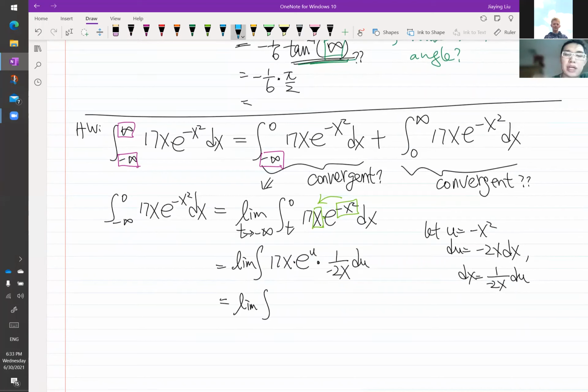The x in the denominator and the x on the side, they cancel, right? And the negative 1/2, I'm going to bring it all the way outside. So I get negative 1/2. And the 17, obviously, I'm going to put it outside too. Forgot to do that. So negative 17 over 2 times the limit. And then I just have, 17 is gone, x is gone, negative 1 over 2x is gone. So I get e to the u du.